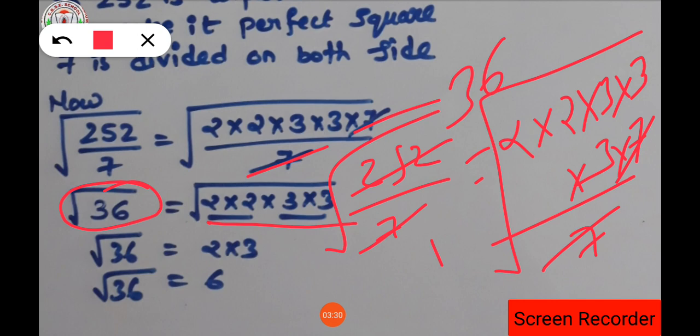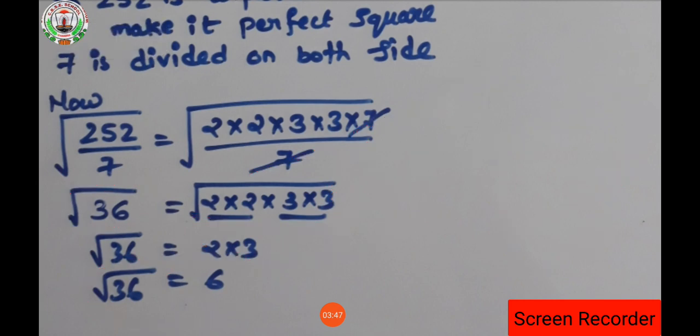When there is a pair, one of the 2s will come outside. Again 3 is in the form of a pair, one of the 3s will come outside. So what will be the square root of 36? That is 2 into 3, which is 6. So this number is the perfect square, and 7 is the smallest whole number.